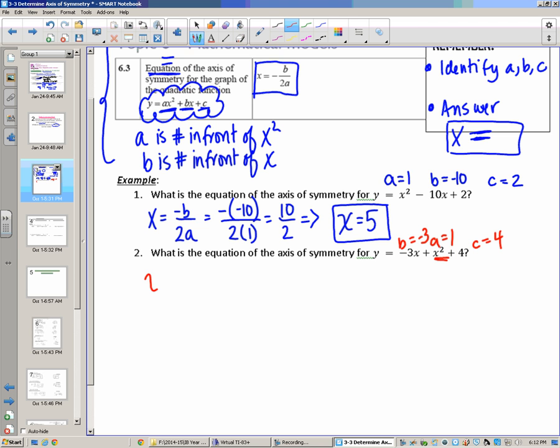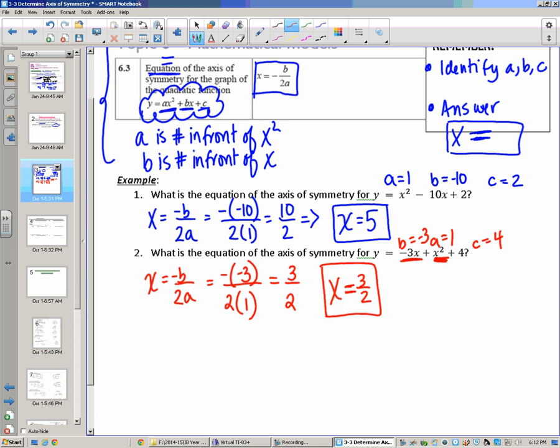So when I go to do x equals negative b over 2a, the a and the b only represent what's in front of your x squared and what's in front of your x. So negative 3 over 2 times 1. So this is 3 over 2. You can leave it like that. You can write it as a decimal if you'd like. It's up to you. Remember to have your x equals because it's the equation of the axis of symmetry.